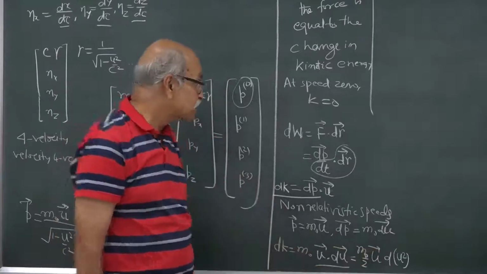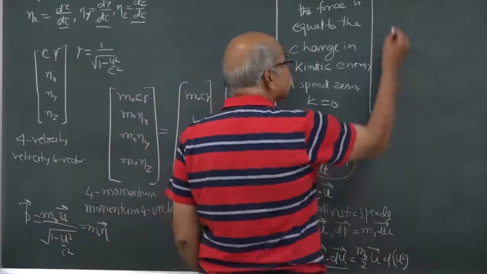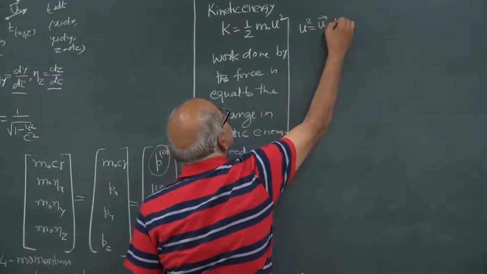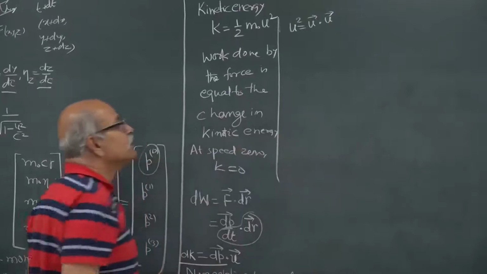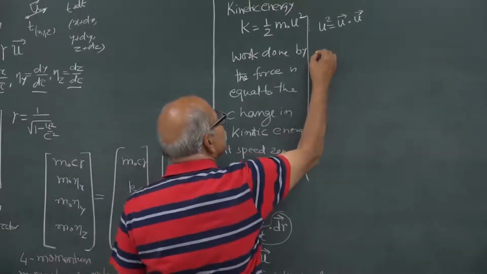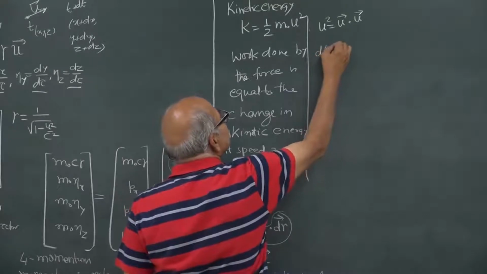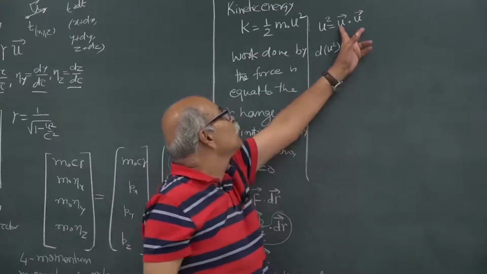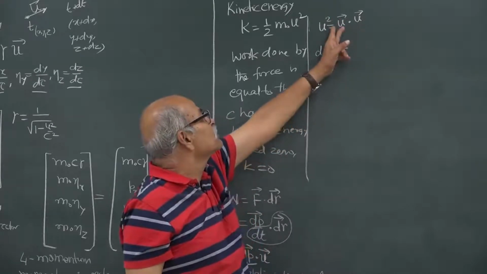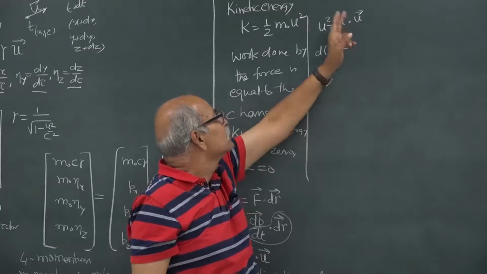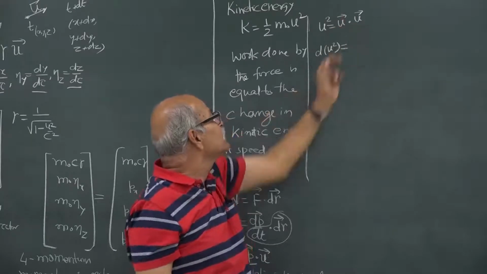How do I get this expression? This expression is simple, u square is u dot u, that is speed square. Therefore, if you write d of u square, there is a product of two quantities. So, keep first as constant and then differentiate the second, plus keep the second constant and differentiate the first.